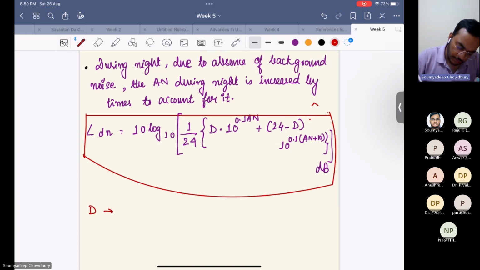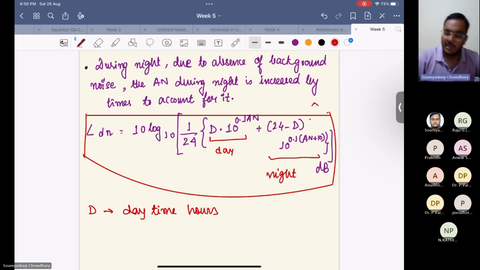This is basically for my day, and the remaining is for my night. If the sunlight is there for say 10 hours, the night duration will be 24 minus daylight hours, right? So this is basically the formula.